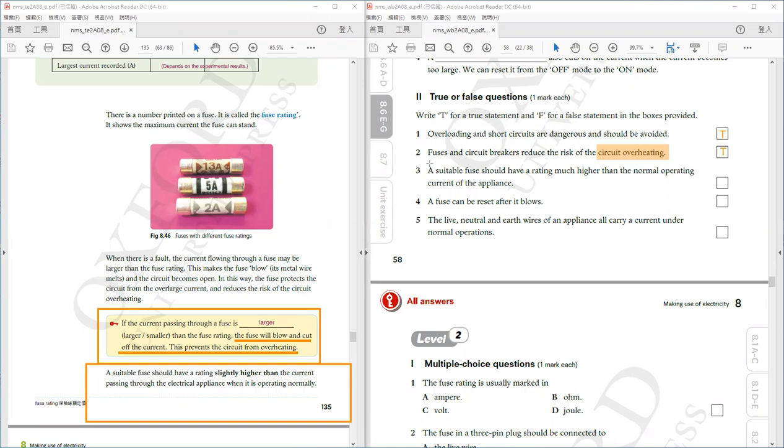A suitable fuse should have a rating just slightly higher than the normal operating current, so that when the appliance has abnormally high current, this fuse can be blown out and it can break the circuit to protect the appliance.